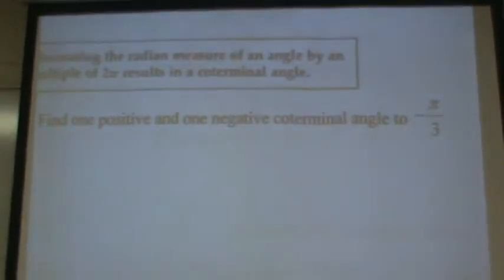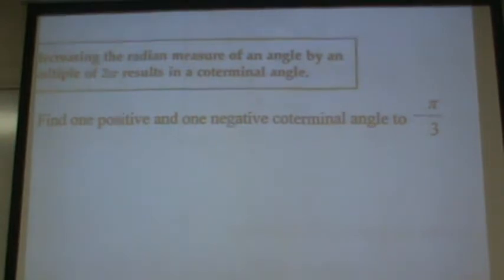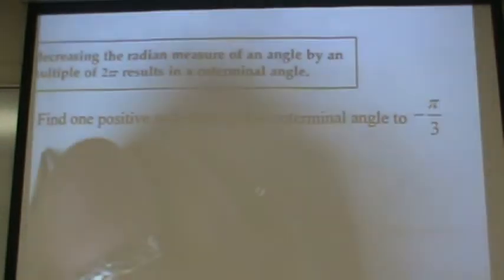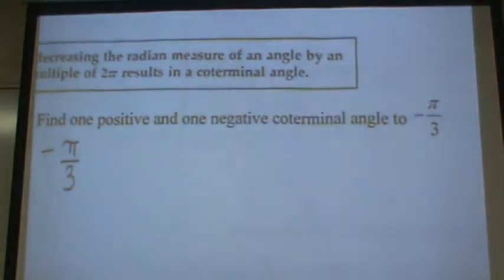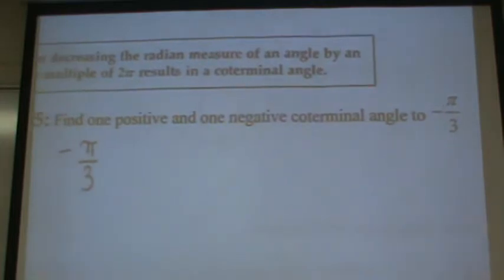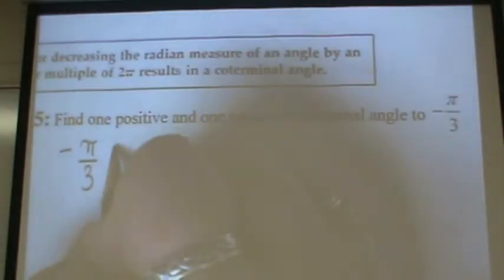So example 5 says find one positive and one negative coterminal angle to negative pi over 3. So how can we find the positive coterminal angle for this? We're going to add 2 pi.